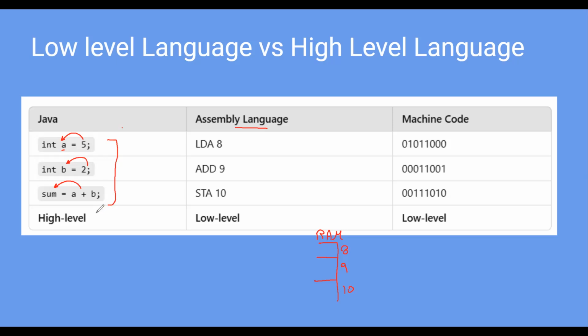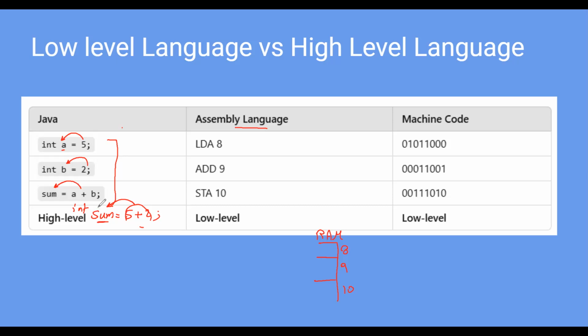Or we can even put it in one step: int sum = 5 + 2. We add that, which is 7, and we store that in the variable called sum. But this is in a high-level language like Java.